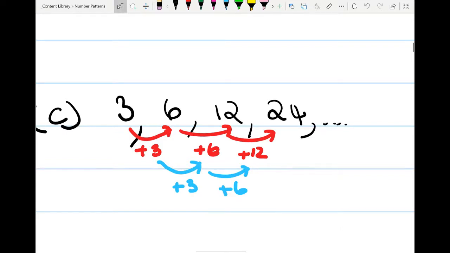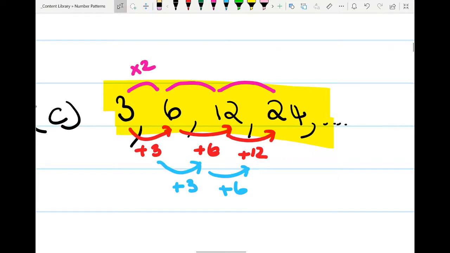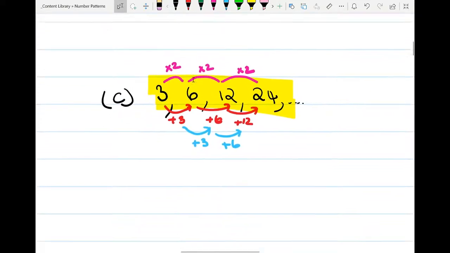So let's go back to the pattern again and look again at the pattern as we move from term to term. So I'm hoping you notice that as we move from term to term, there's no pattern in addition, but there is a multiplication pattern, because to move from term to term, we would always multiply by 2.